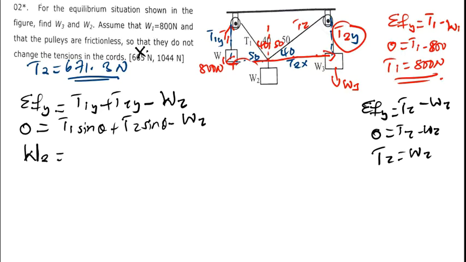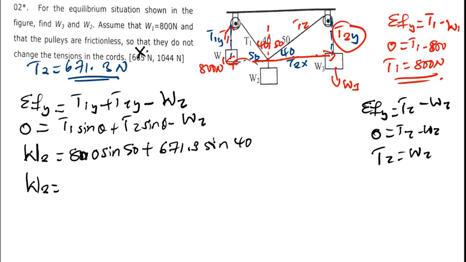So what is T1? T1 we were given, actually it is 800. 800 sine the angle, which is 50, plus T2 we have found, 671.3 sine 40. So what will be our W2?